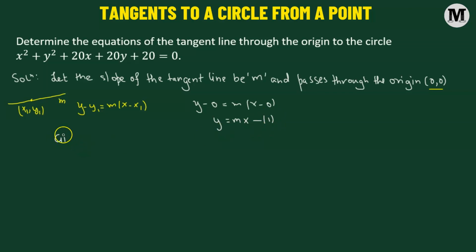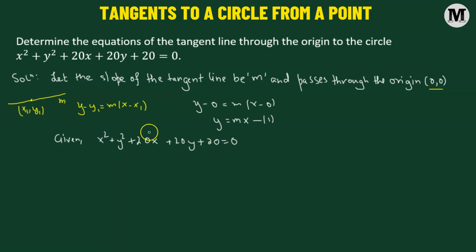Now coming to the equation of the circle, here we are given x squared plus y squared plus 20x plus 20y plus 20 equals 0. So using this equation, we're going to find out the center as well as the radius of the circle.